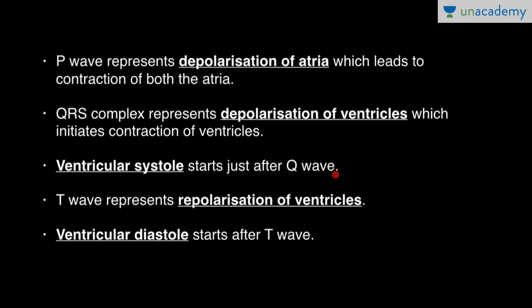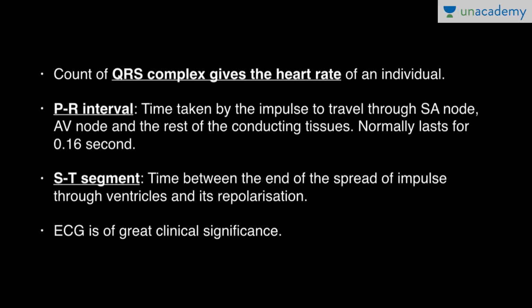The T wave represents repolarization of ventricles, and ventricular diastole starts after the T wave. Now the count of QRS complexes gives the heart rate of an individual. Whenever you see an ECG, simply by counting QRS complexes, we can determine the heart rate.